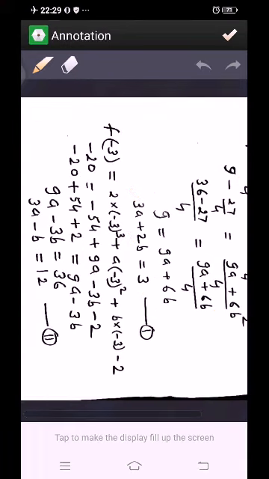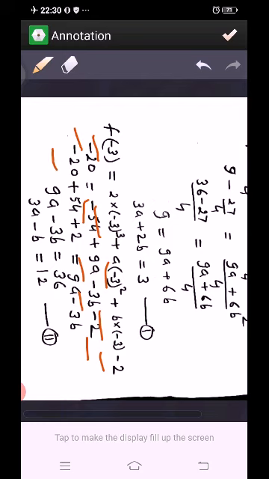Now f(minus 3) we have to find. 2 into minus 3 power 3, a into minus 3 power 2, b into minus 3, minus 2. So here f(minus 3), that is the second remainder, is given as minus 20. We solve this: minus 54 plus 9a minus 3b minus 2 equals minus 20.